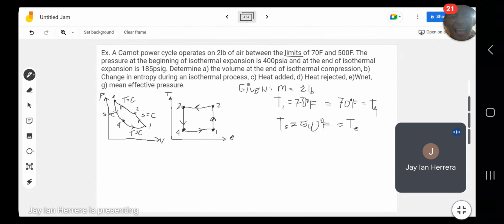What else are given? Given din tayo ng pressure 1, the pressure at the beginning of isothermal expansion.